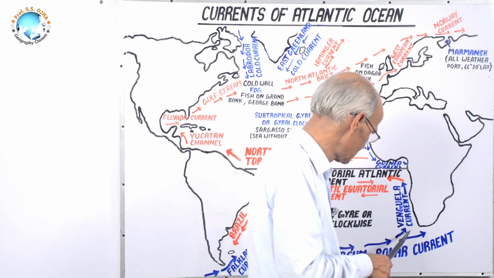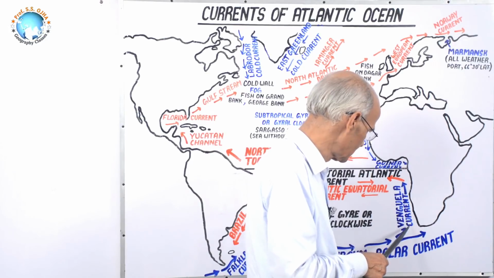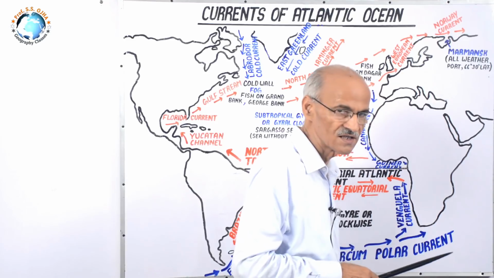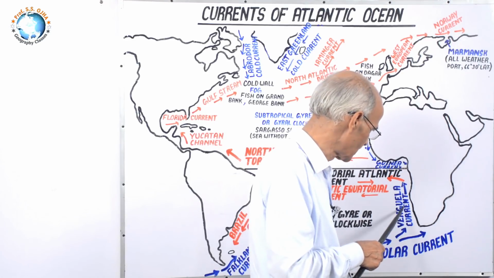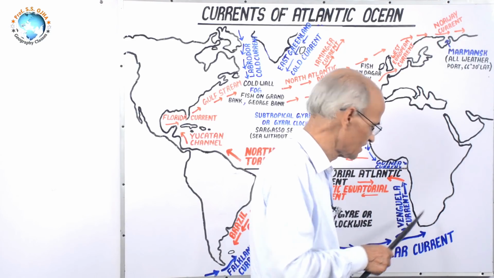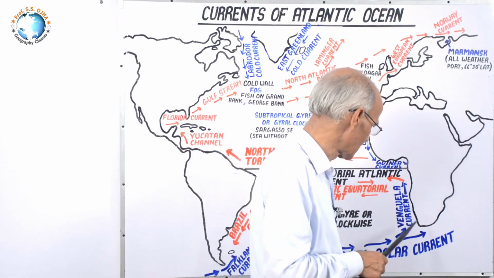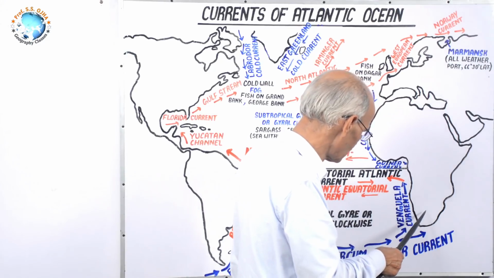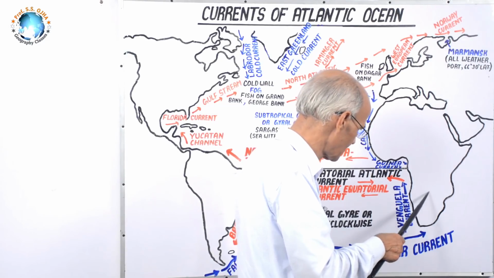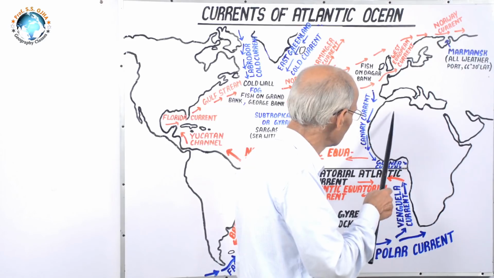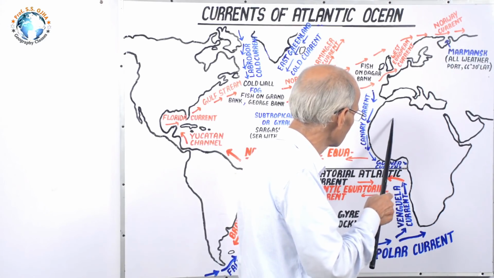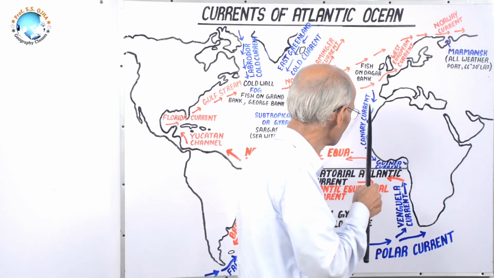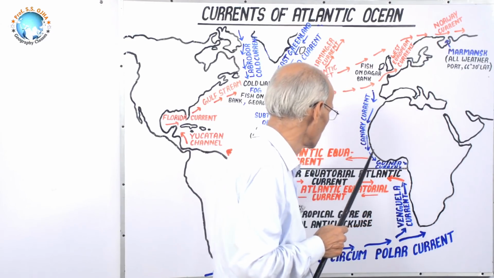But when this Benguela current flows parallel to these deserts, this is cold water, and these deserts on that basis are called cold water deserts. So Kalahari and Namib are cold water deserts. The Sahara or Western Sahara is also a cold water desert because the Canary current is a cold current.